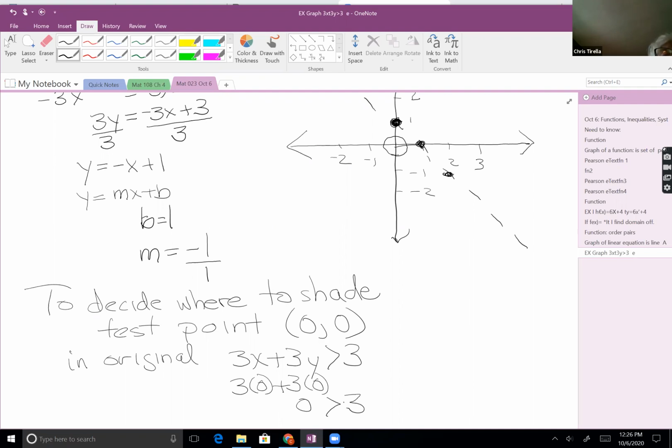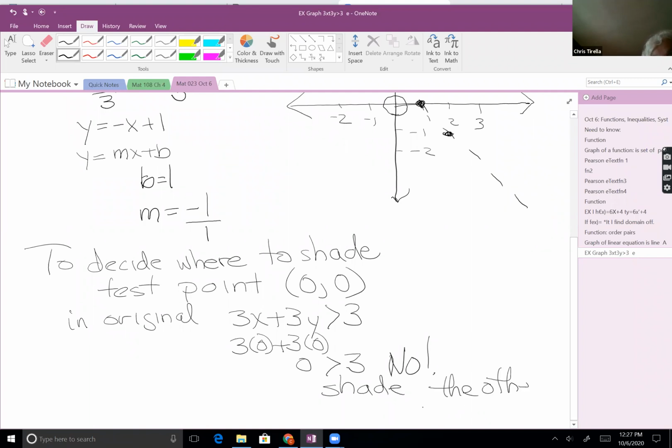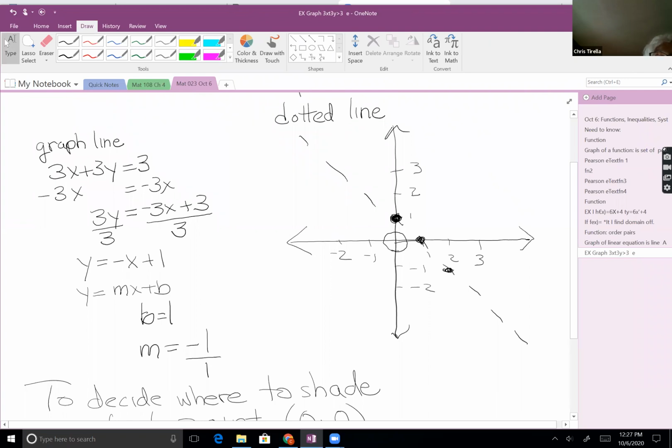Is 0 bigger than 3? Since that's a no, it tells me I want the other side of the line. So we'll shade the other side of the line. Because my point 0, 0 didn't work, I'm not going to shade that side, but instead I'm going to shade the other side.